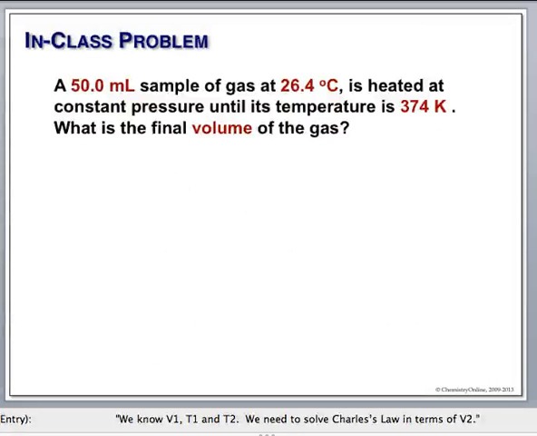Here's a simple problem. We have 50 mils of gas. Our temperature is 26.4 degrees centigrade, and we're going to heat this up until our temperature is 374 Kelvin. We're looking for our final volume.